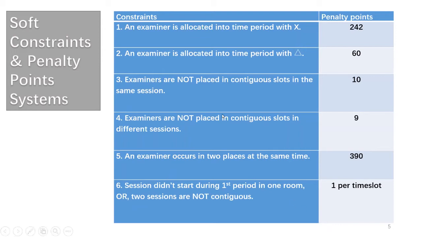The third and fourth mean we want to allocate the examiners in contiguous time slots in order to save the examiner's or professor's time. Of course, an examiner cannot be in 2 places at the same time. The sixth one means we want to start the presentations from the first period of each day and each room as much as we can.